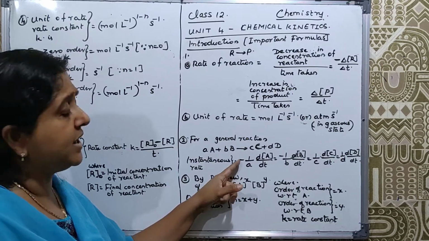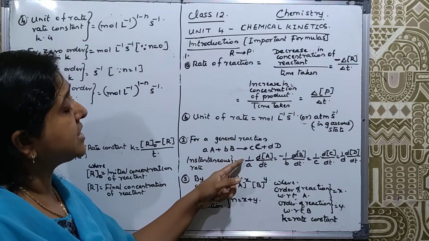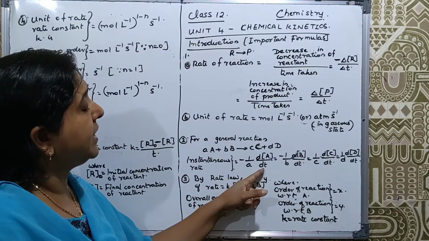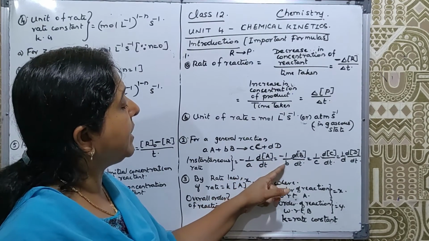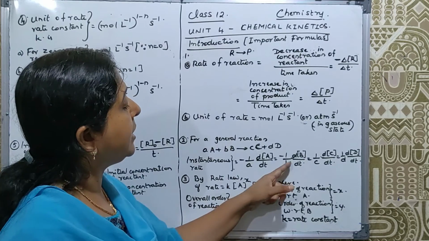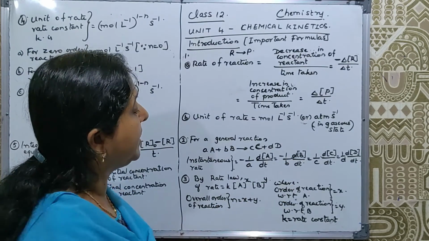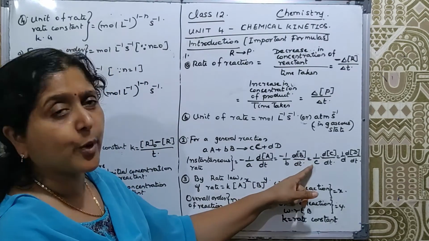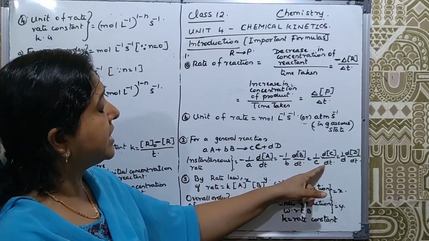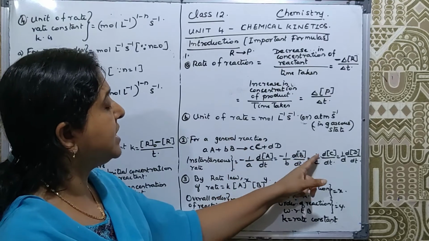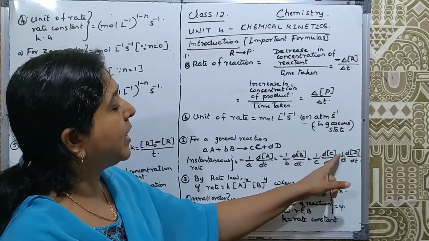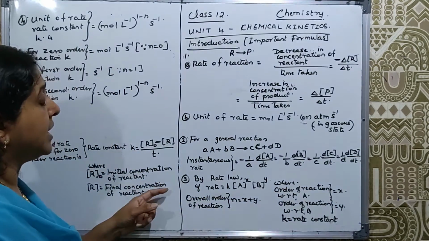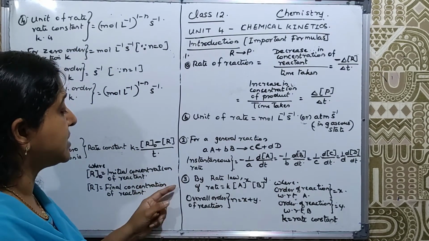Because the reactant decreases, and the stoichiometric coefficients have to be taken reciprocally. So it equals minus 1 by b into d[B] by dt, and since the products' concentrations increase, it equals 1 by c into d[C] by dt, and 1 by d into d[D] by dt. That is the instantaneous rate of reaction.